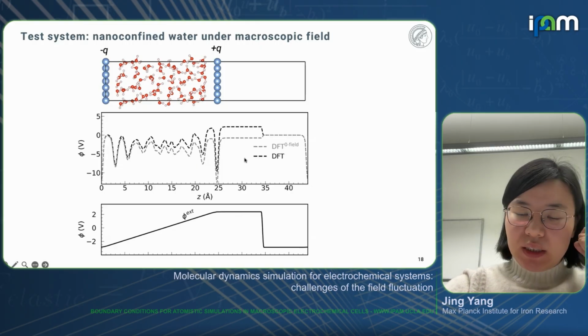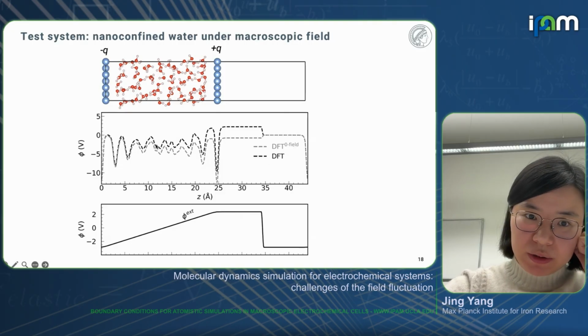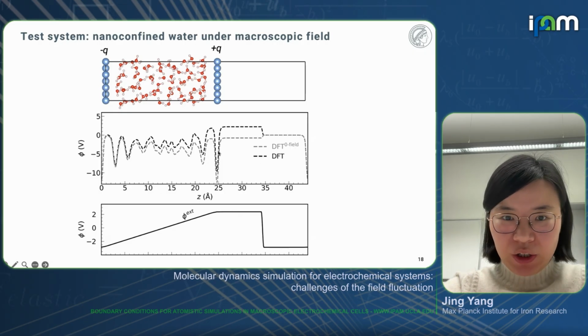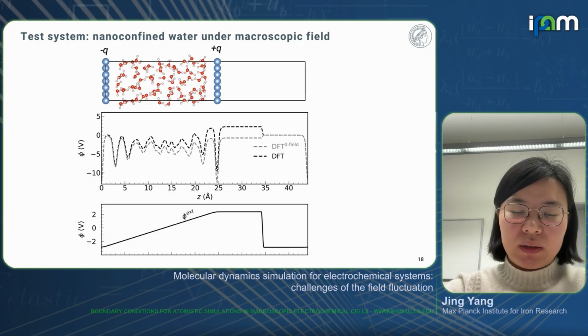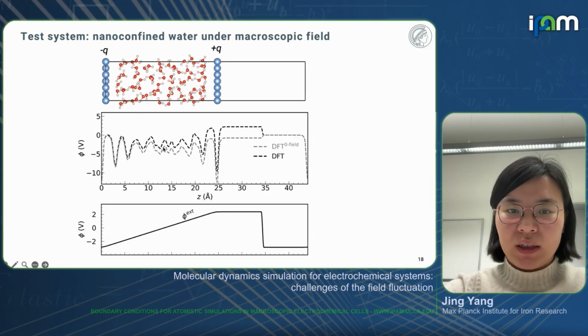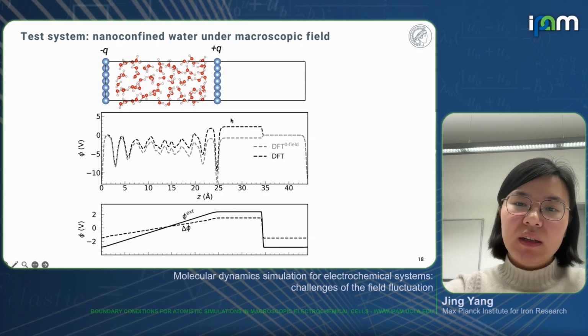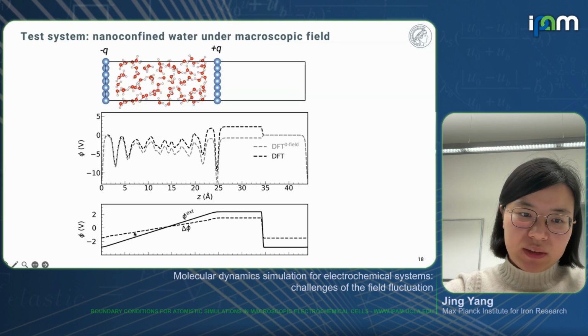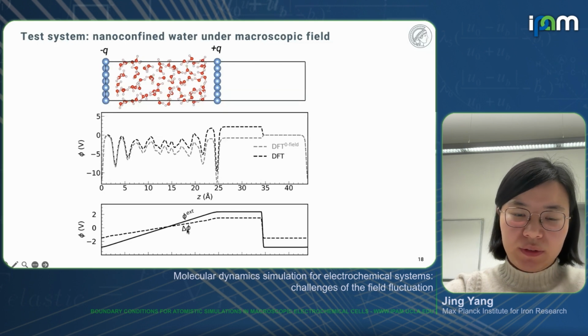Now, if you look at the DFT electrostatic potential profile after you do this charge transfer, it will look something like this. This is freezing the atomic configuration, only looking at the electronic response. Then if you take the difference between the potential with the field and without field, you get this dashed line, which is the delta phi.